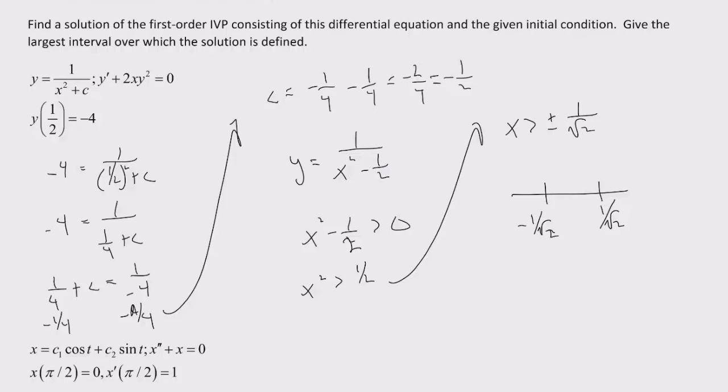I think we need to stay inside it. So I think we're looking at the domain somewhere between, on the inside. As long as I stay on the inside, then I'm guaranteed to get a positive value, and once I get outside of that, then I can't promise it's going to be positive. So I would say the interval would go from negative 1 over square root of 2 to positive 1 over square root of 2.